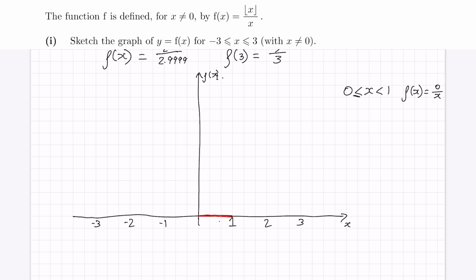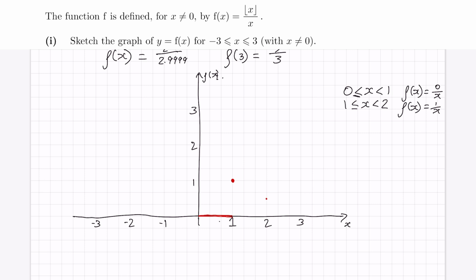Okay, so then let's go a bit further. Let's go between 1 less than or equal to x less than 2, then f of x equals 1 over x. So at 1, that is equal to 1. So like this. I'm just going to label this as 1, 2, 3, etc. And then as we get closer and closer to 2, this approximately goes to a half.